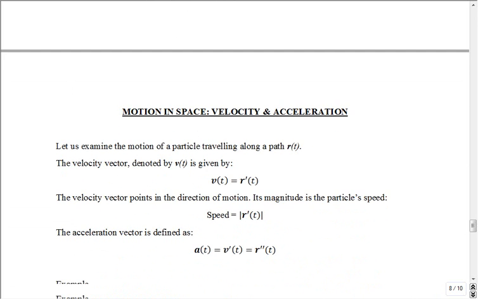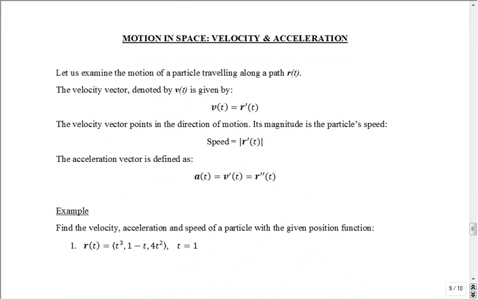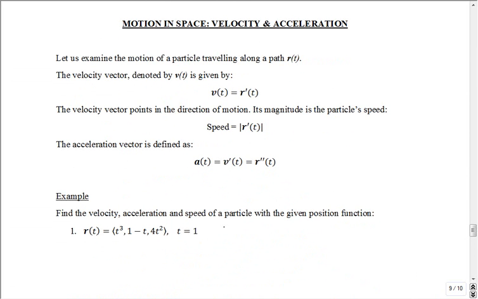So good. Motion in space, velocity and acceleration. Let us examine the motion of a particle traveling along a path, r of t. The velocity function denoted by v of t is just a derivative, r prime, right?